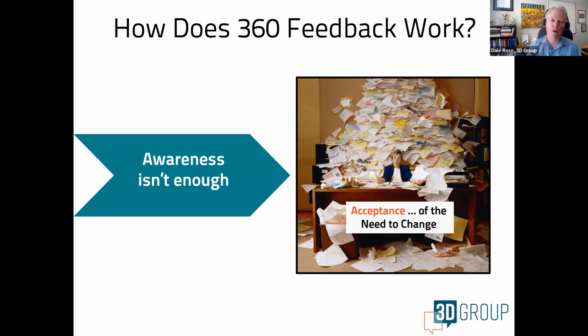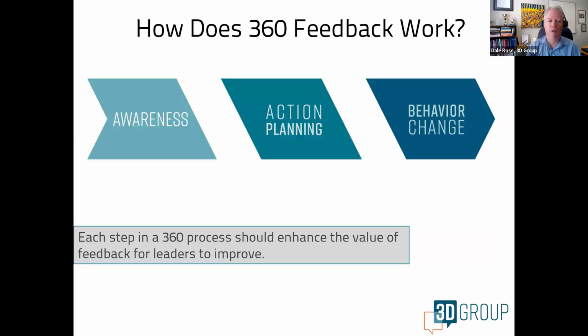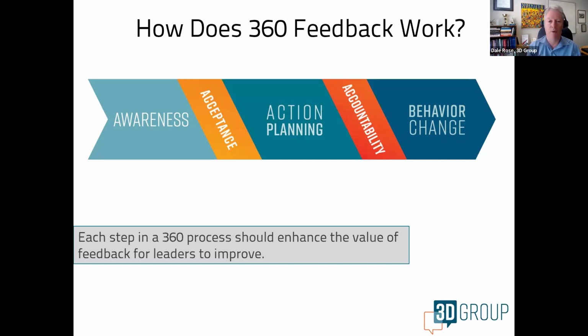Now, when you put behavior change and 360 into a model to understand how it flows, what you see is that we do have this notion of awareness. We're going to create a plan to create change, and then that's going to lead to the change that we want. But as I mentioned, the key components that are missing here are both acceptance and accountability.